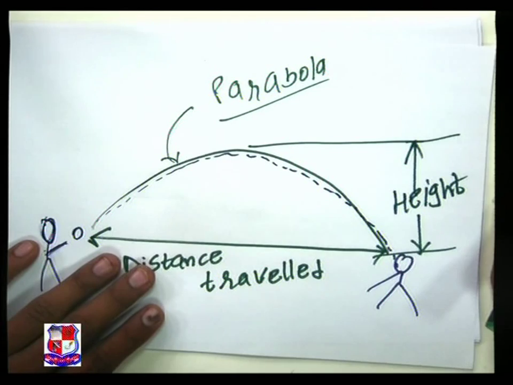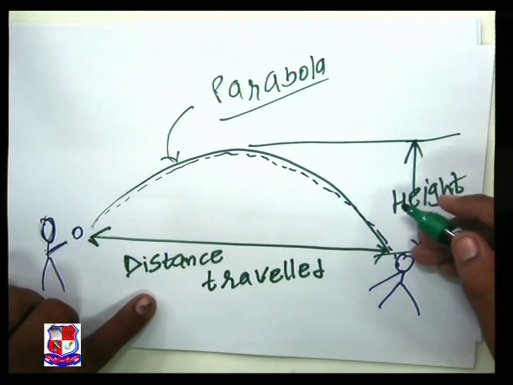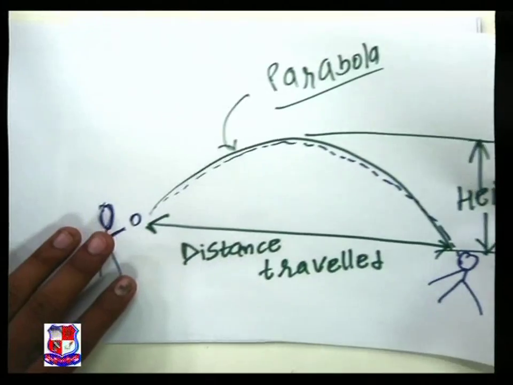These two things would be very important: distance traveled and height. I'll give you one more example of the same.